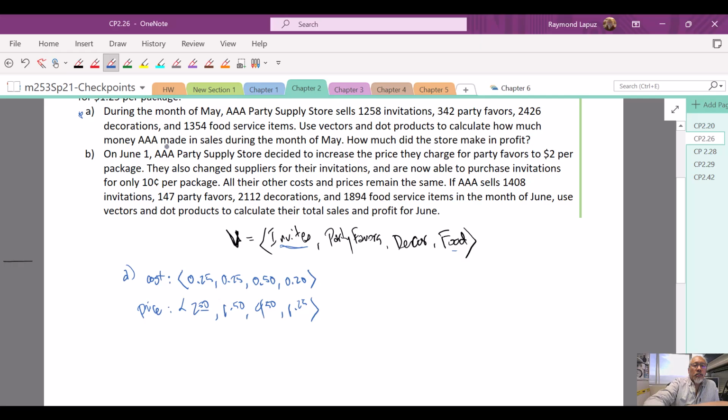Okay, so that's that. Now let's answer the questions. This is the quantity that they're dealing with for the month of May. Quantity: they sell 1258 invitations, 342 party favors, 2,426 decorations.